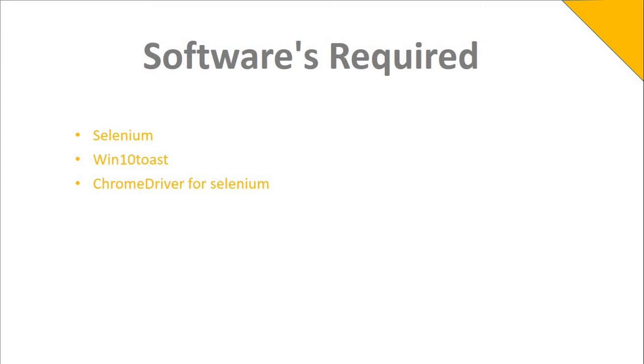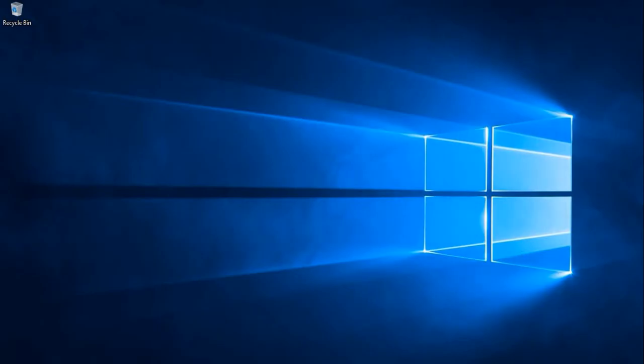Selenium will help you run the Python code on your HTML page. The next thing, Win10toast, will help us to generate notifications. The last one is software that we will be downloading. It will help Selenium to manipulate Chrome.